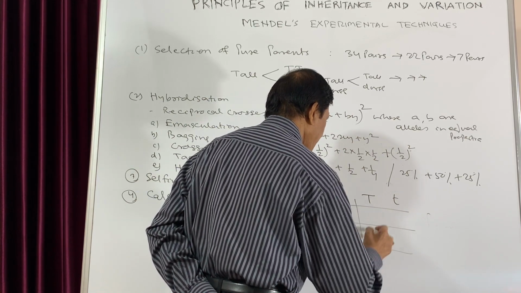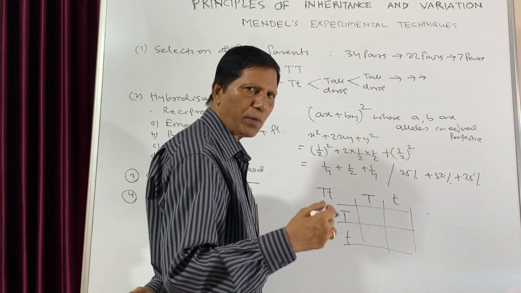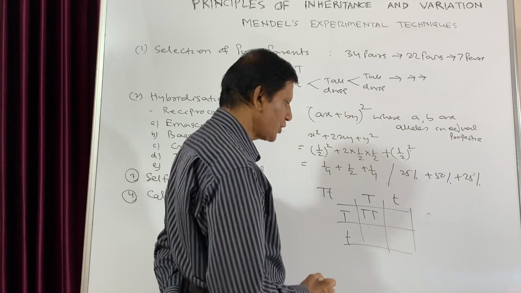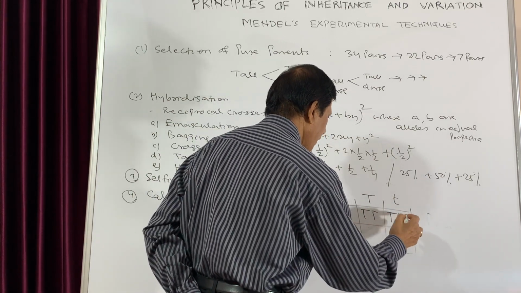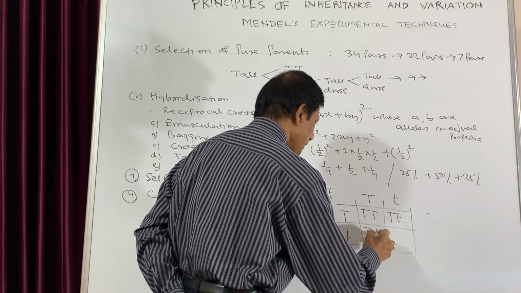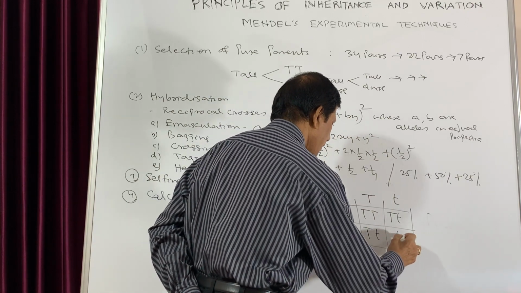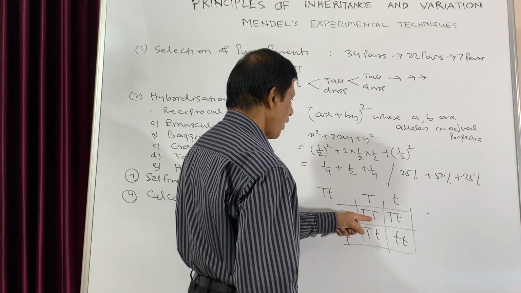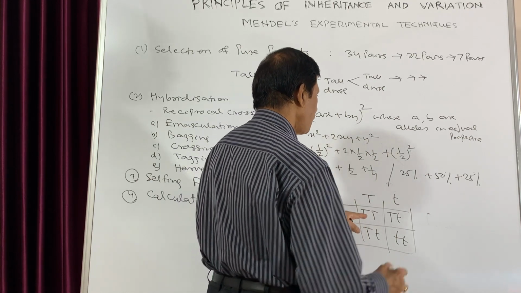So if they can cross in all probabilities, then this will be capital T, capital T, tall plant; capital T, small t, tall plant; capital T, small t, tall plant; and small t, small t, this is dwarf plant.